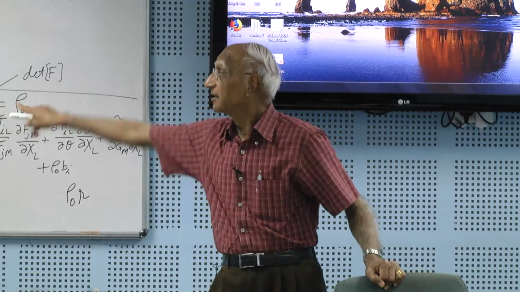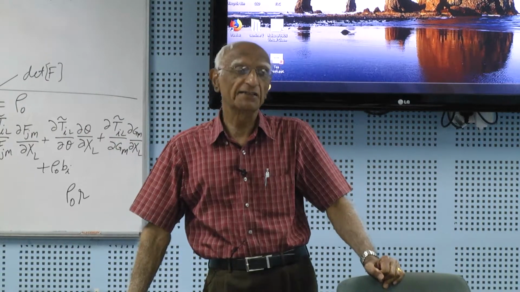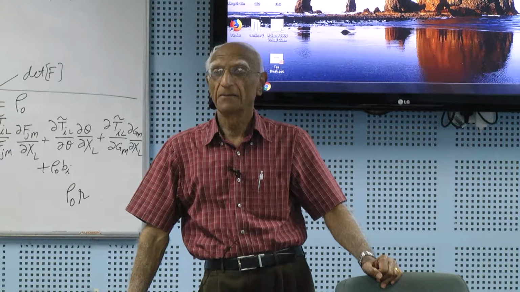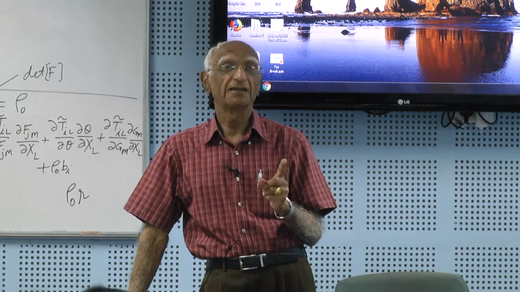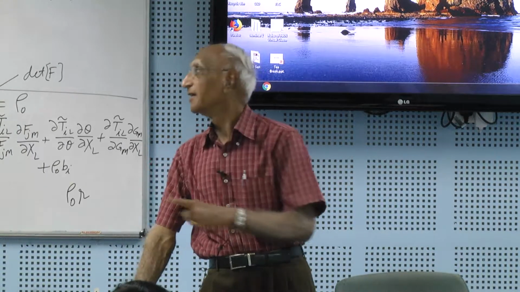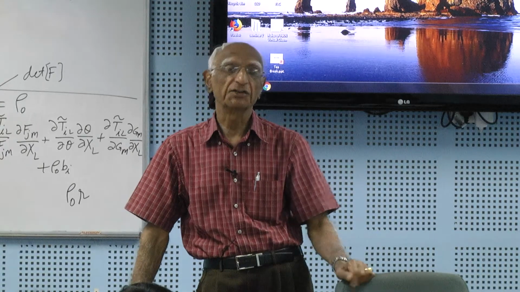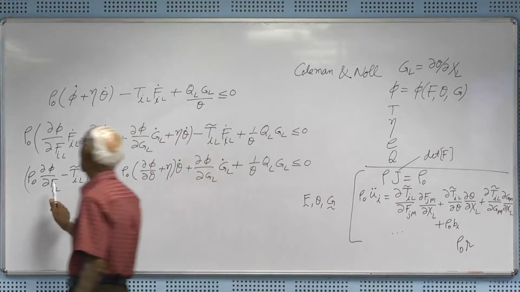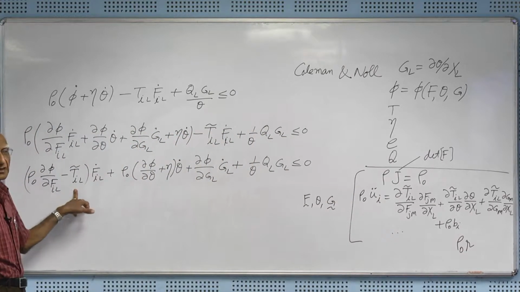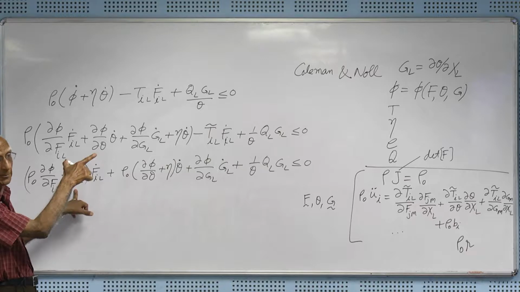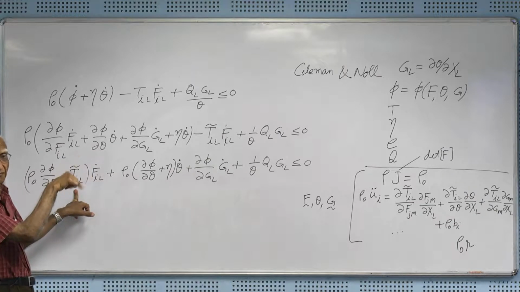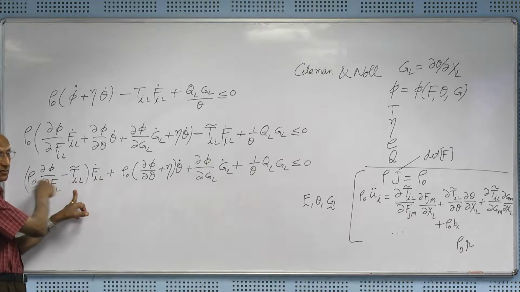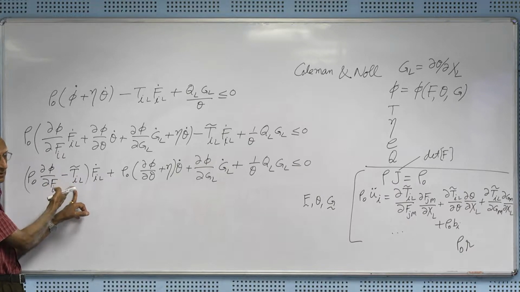And the left hand side of this inequality is a polynomial of degree 1 in f dot, theta dot, and g dot. Look at the assumptions. There is no f dot in this one, no theta dot, no g dot.